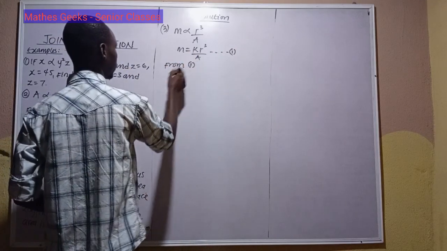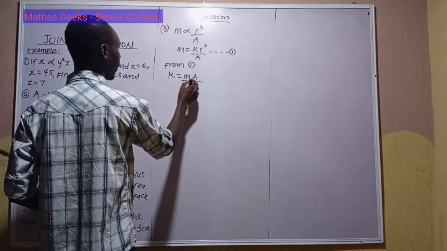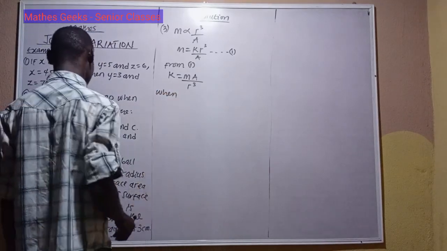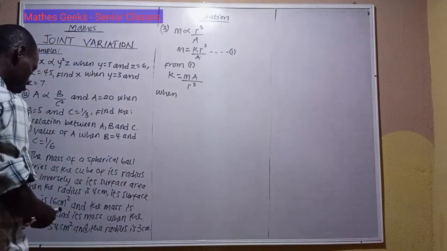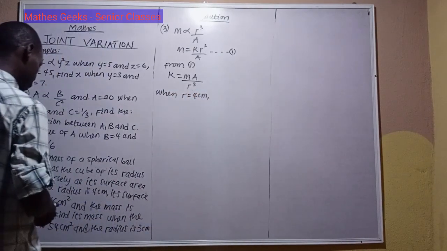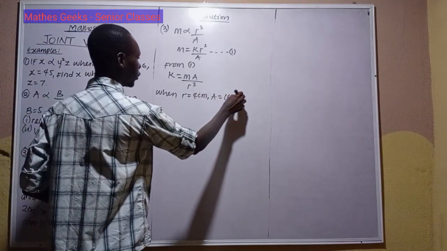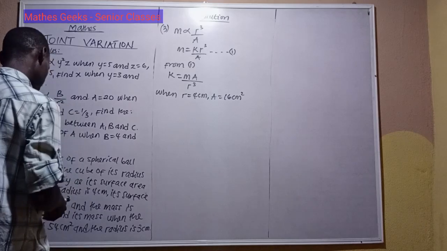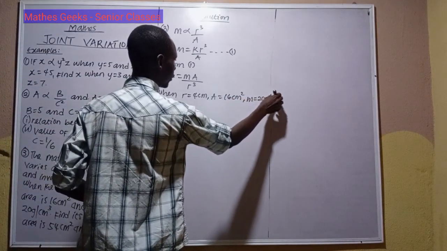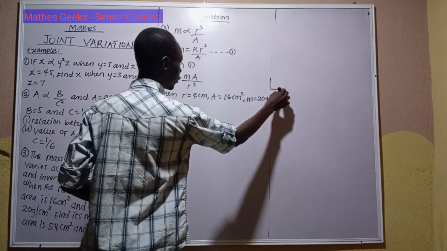From 1, Q is equal to M A over R cubed. When R is 4 centimeters, the surface area is 16 cm squared, and the mass is 20 grams per cm cube.